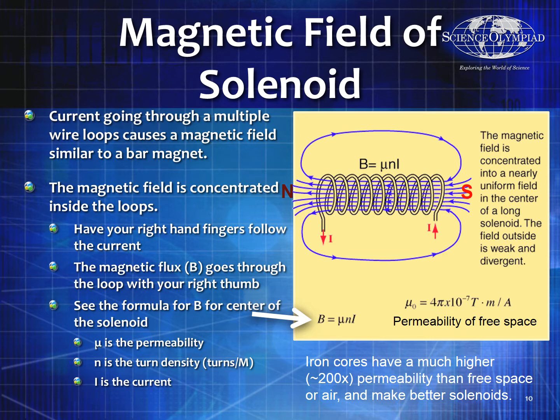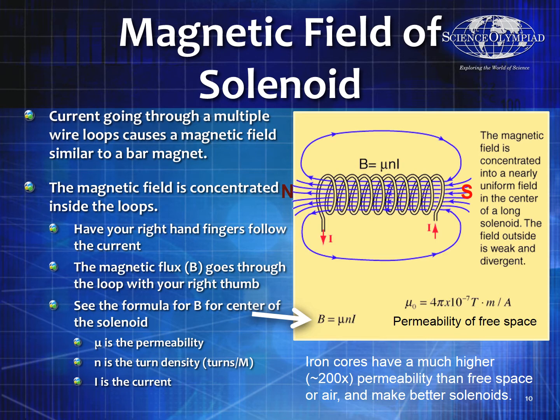Now these can be incredibly powerful magnets. And in this case, B is equal to mu times N, being the number of turns, times current. So as you can see, I can create a really powerful magnetic field inside.